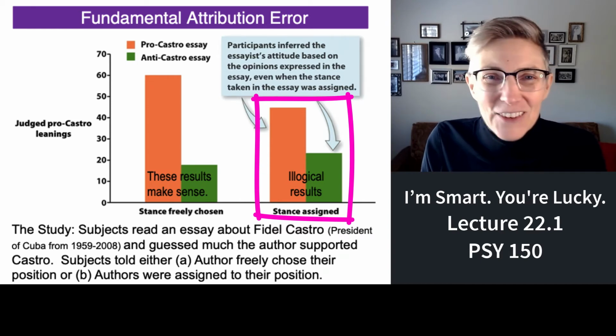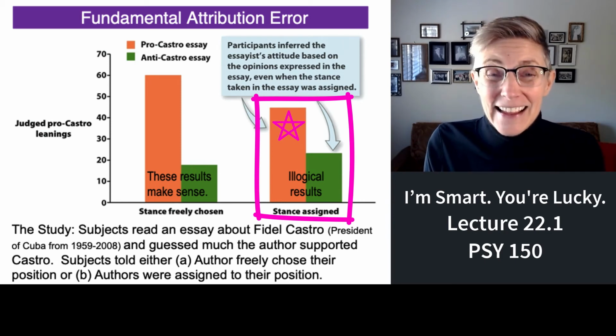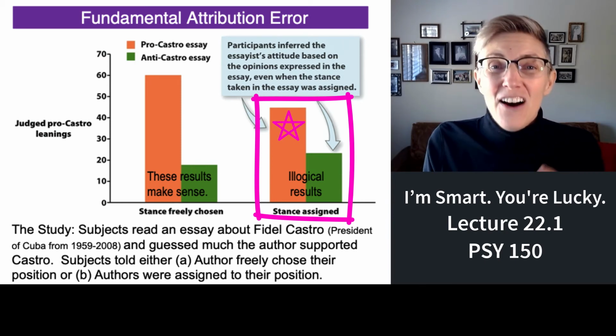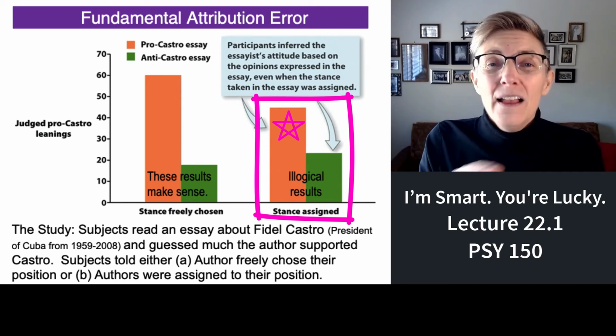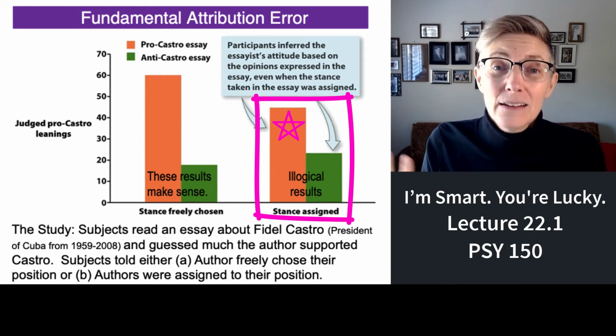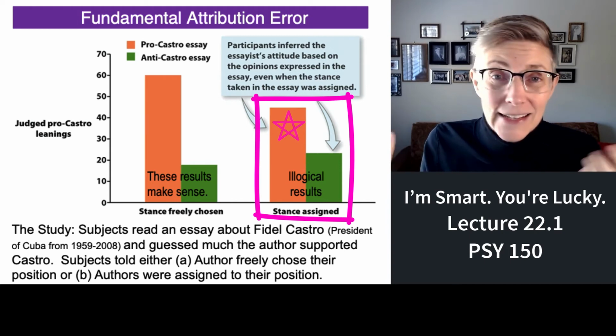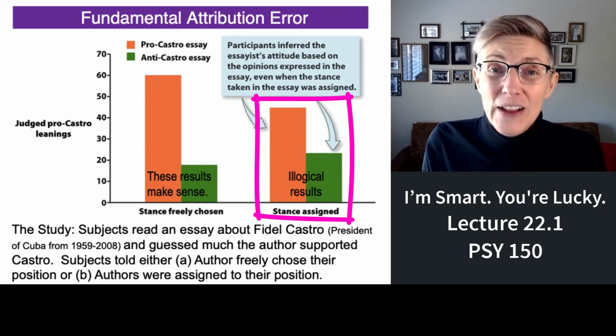But that's not what people do. The people who read the pro-Castro essay assume that the author really liked Castro, even though they know that the person who wrote the essay had no choice over whether they had to write a pro or anti-Castro essay. And the reverse held for the anti-Castro essays.